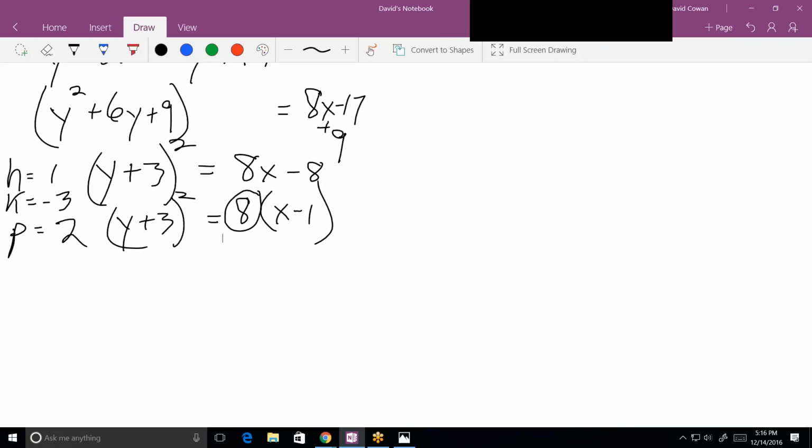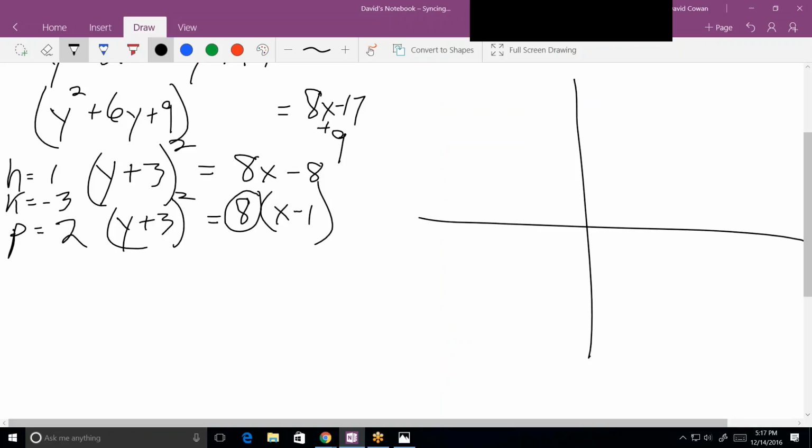All right. So let's draw it. We know our vertex is at 1, negative 3, right? And we also know that it's a horizontal parabola, which opens which way, right or left?